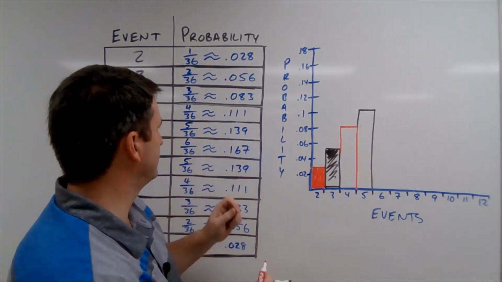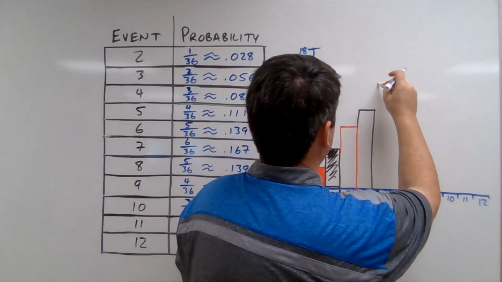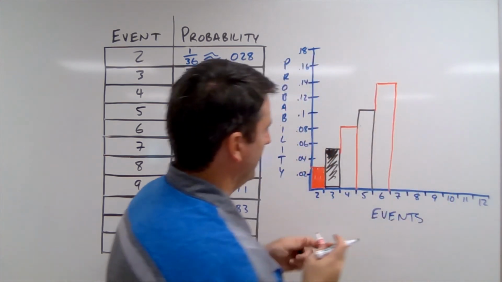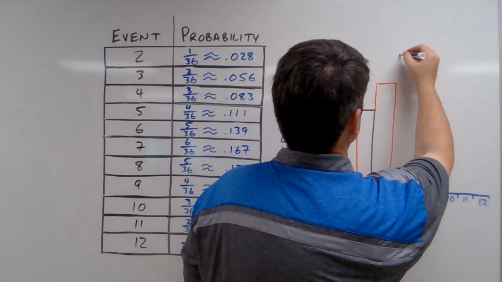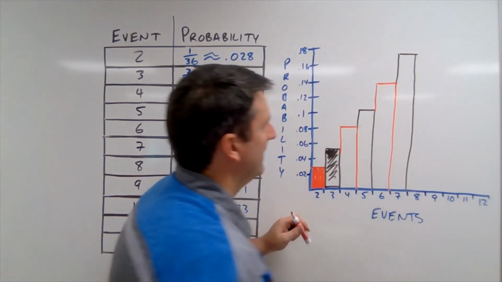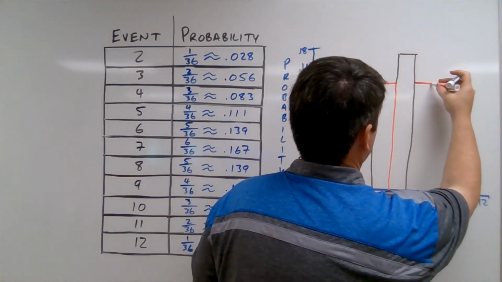For a 6, the probability is 0.139. So that's going to be up to about here. And for a 7, we're going to be up to 0.167. So that's all the way up here. And then for 8, we're going to be stepping back down.